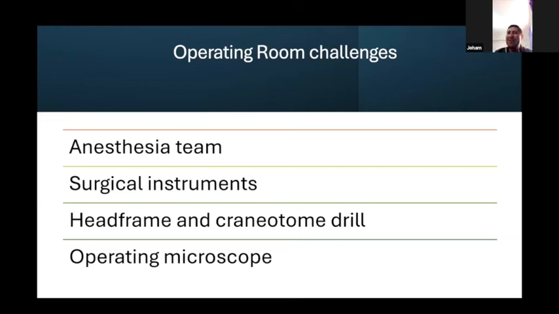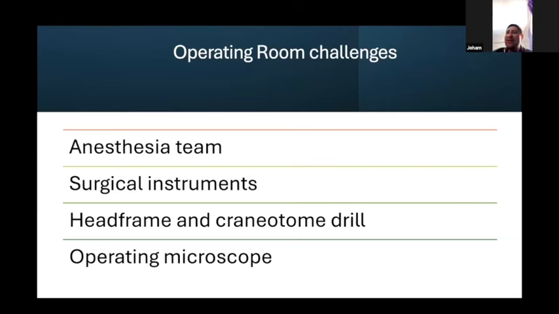Even for the park bench position, the anesthesia team is very resistant. So we use three-quarter prone for the retrosigmoid approach, or the Concorde position for the posterior fossa. We try to keep positions simple in these cases.